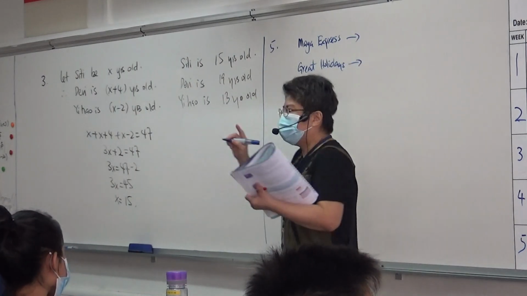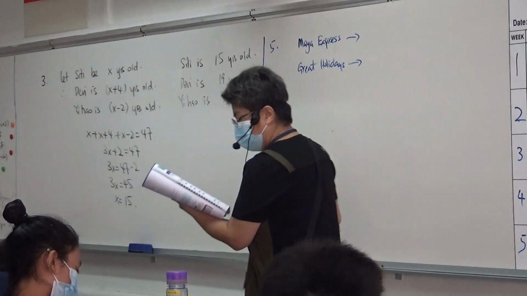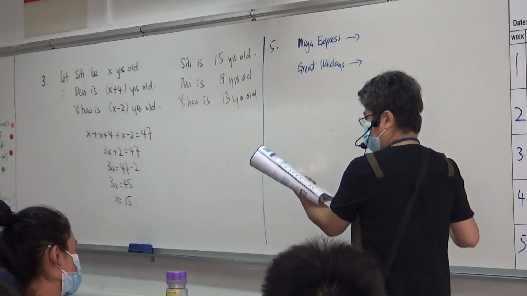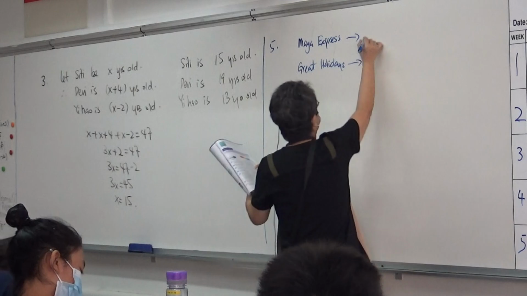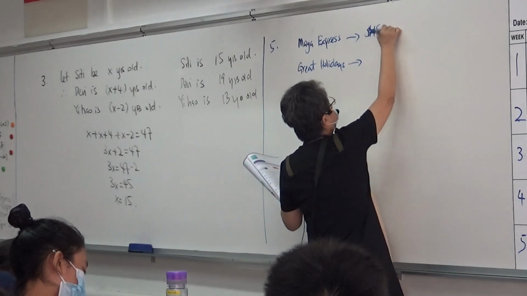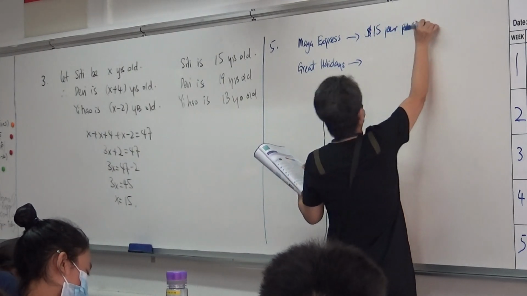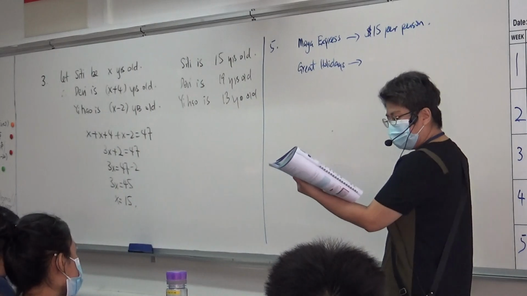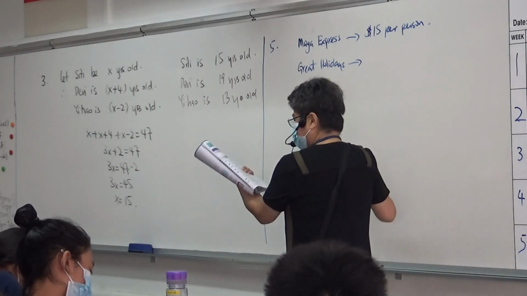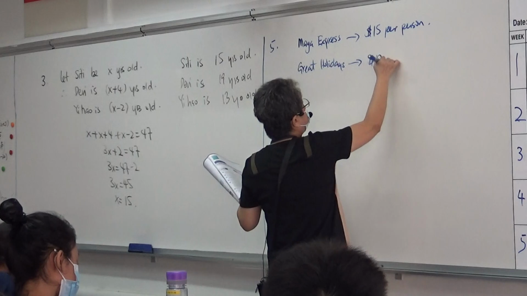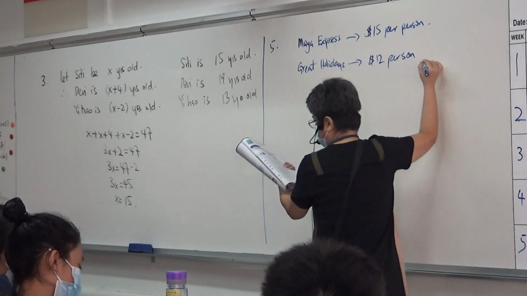Now, don't put equal, put an arrow to indicate. Okay? Now, what does Maya Express charge? $15 per person, correct? What about Great Holidays? $12 per person plus what?